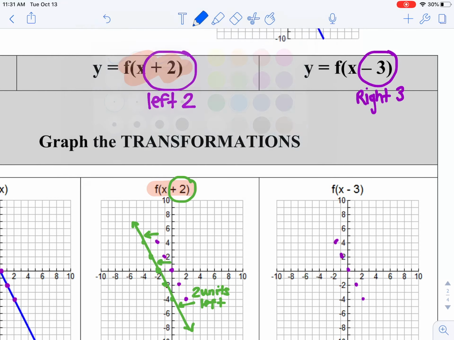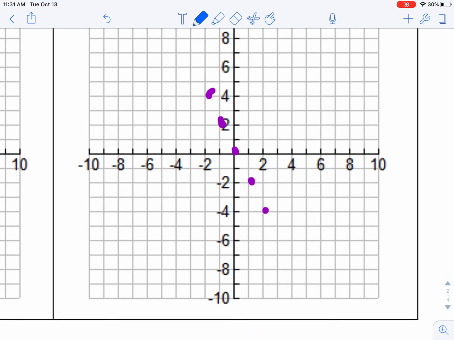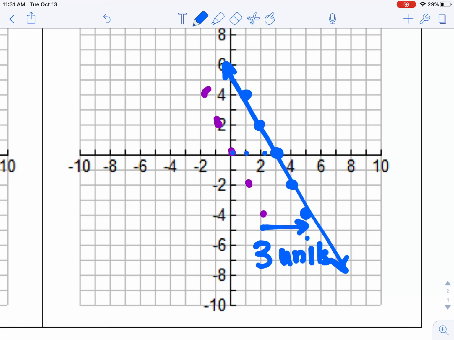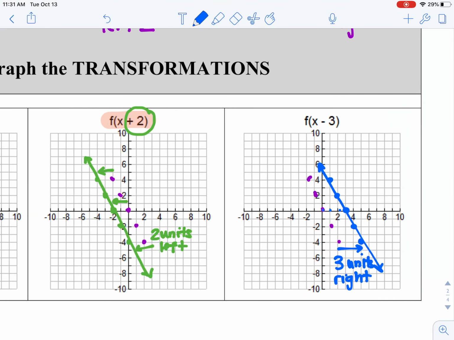And then let's move over to blue, because I am going to move each of these points over 3 units. So if I start here, I can go 1, 2, 3, there's 3, there's 3. So each point is going over 3 units to the right to make my new line.